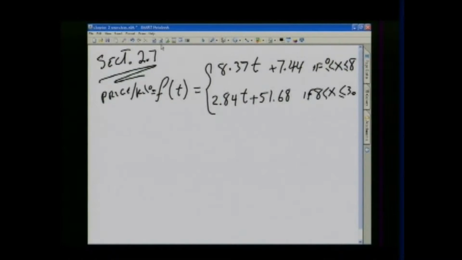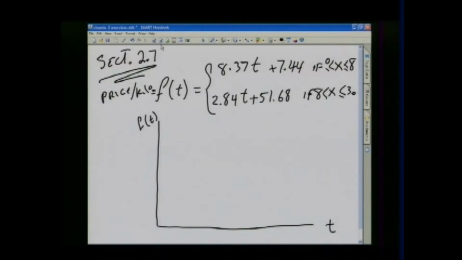So first it wants you to sketch the graph of this function. I'll put t here, time, and here you would have f of t, which is the price of ivory.